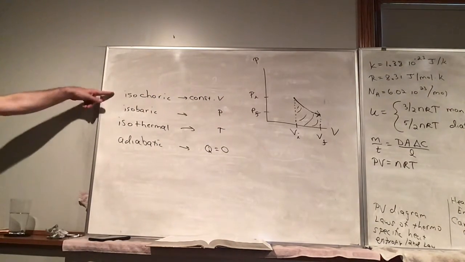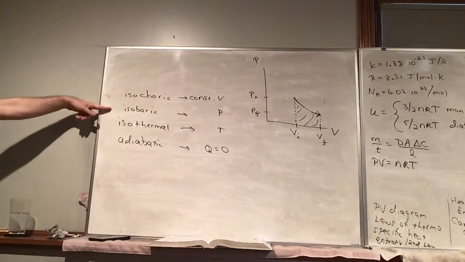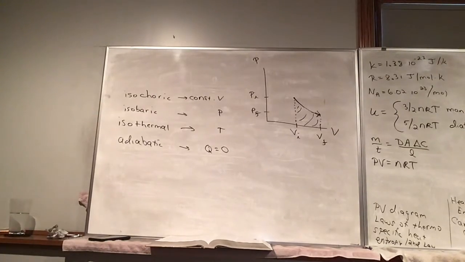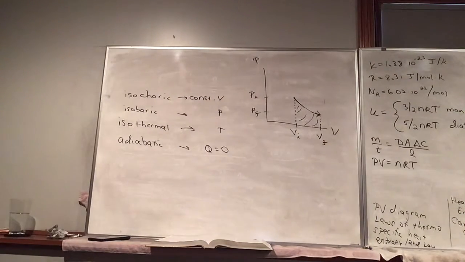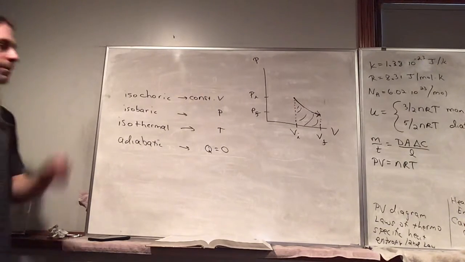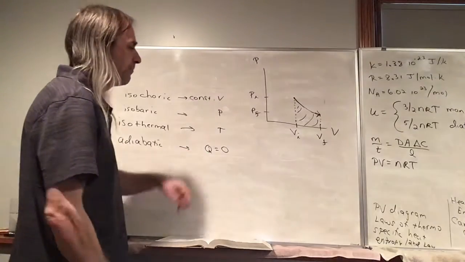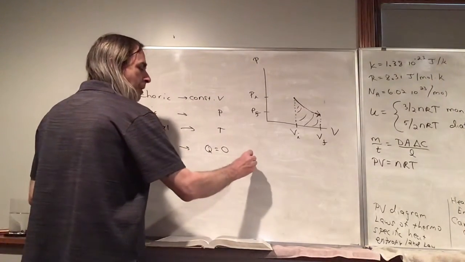But for a constant volume, that would be 0. That's P delta V. This one kind of looks like this. It's described by that natural logarithm. I can't explain that in an algebra-based class. And adiabatic, it's related to the first law of thermodynamics.